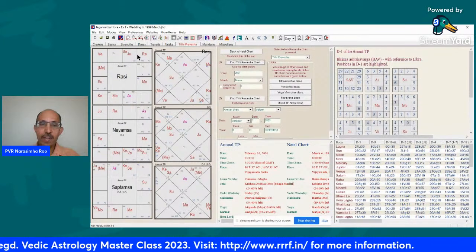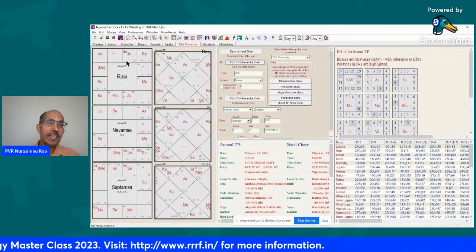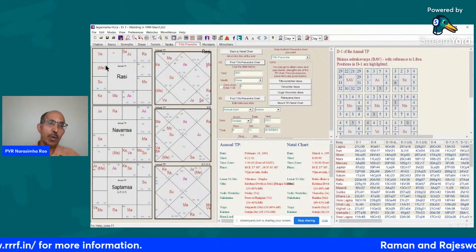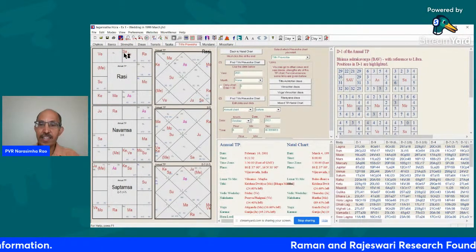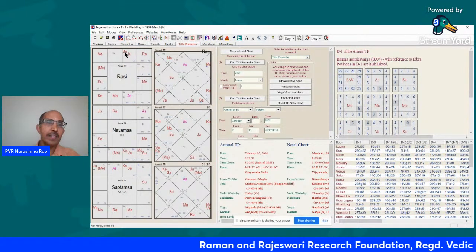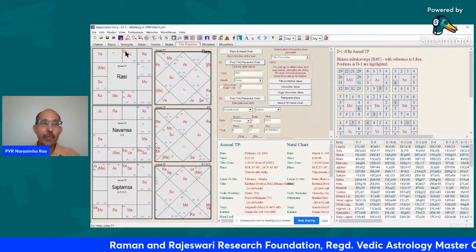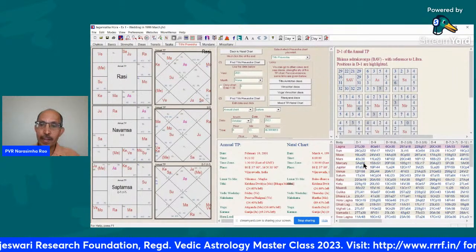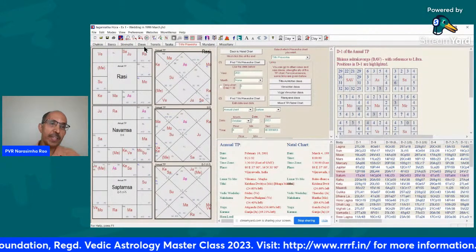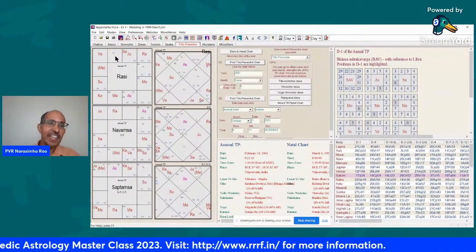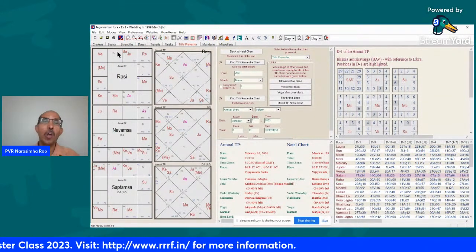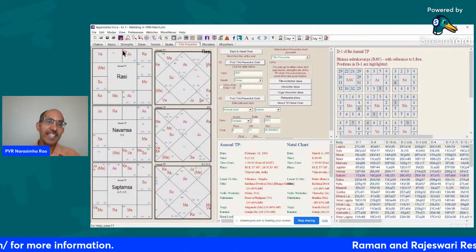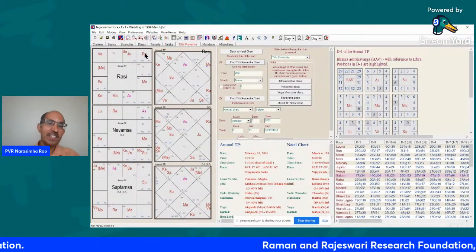The co-lord Rahu is in the ninth house of fortune, and Saturn, the other co-lord, you may think is in the eighth house, but if you look at the longitudes, Lagna is at 27 degree Libra, and Saturn is only at 1 degree Taurus. So he's actually close to 27 degrees in Aries, in the seventh house, close to the cusp of the seventh house, aspecting Lagna. So fifth lord and Yogakaraka Saturn is aspecting Lagna. Other fifth lord is in ninth house.